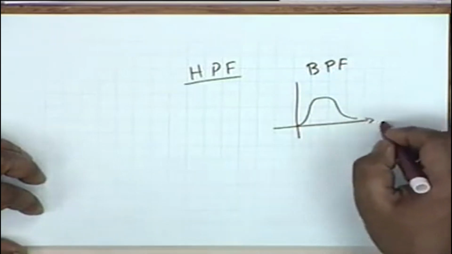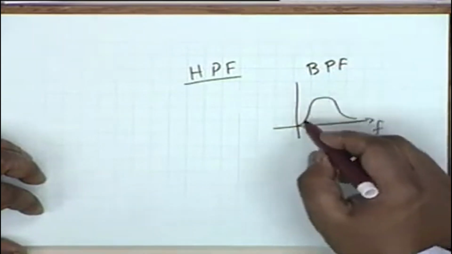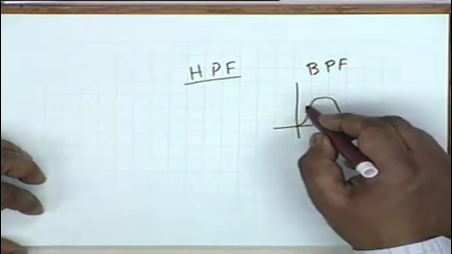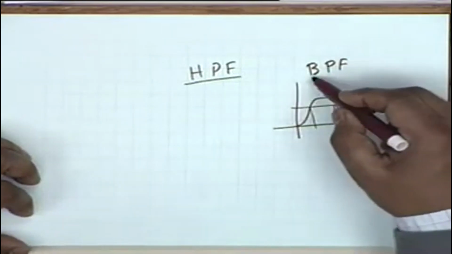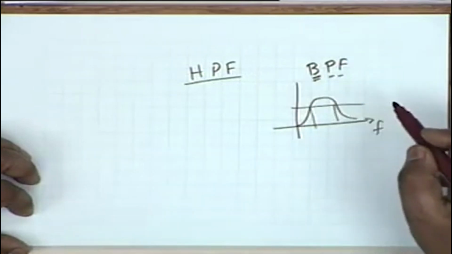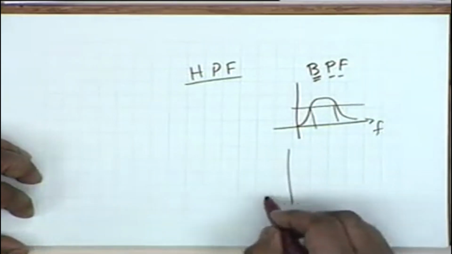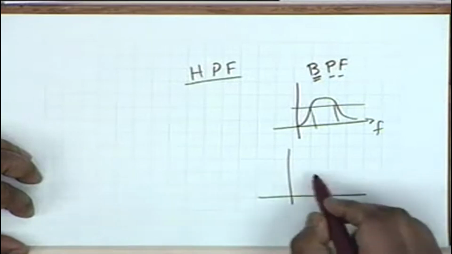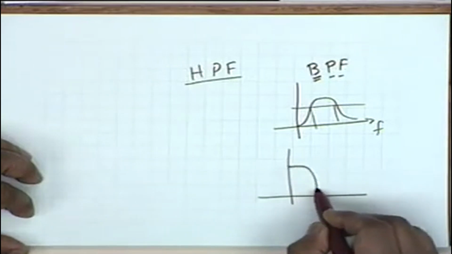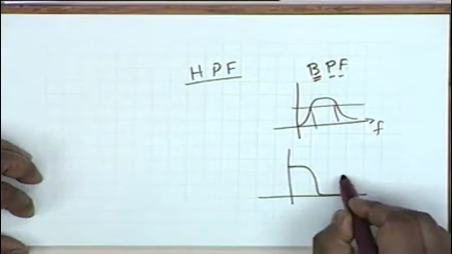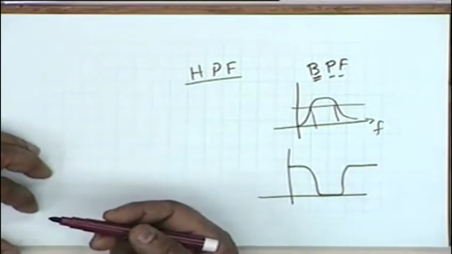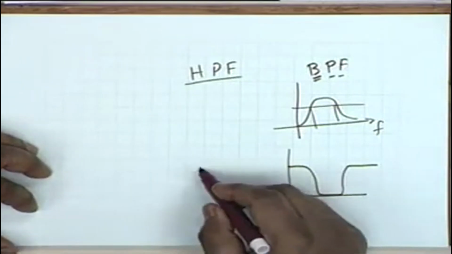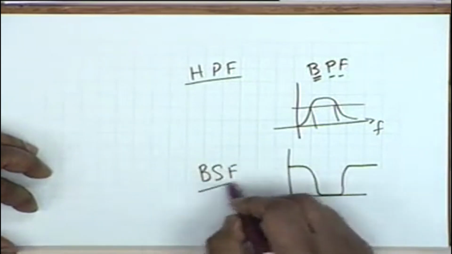If this is frequency, it rejects both low frequencies and high frequencies and passes a certain band of frequency. That's why it is called a band pass filter. Similarly, you can have a band stop filter like this. It passes low frequencies, it rejects a band of frequencies, and then it passes high frequencies. So this is called a band stop filter, BSF.